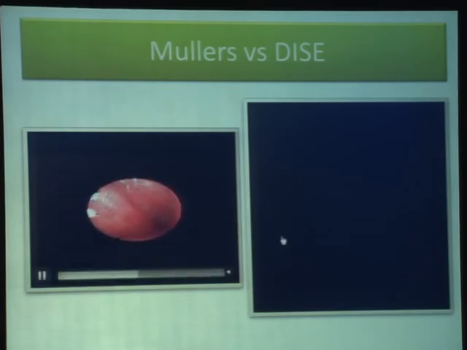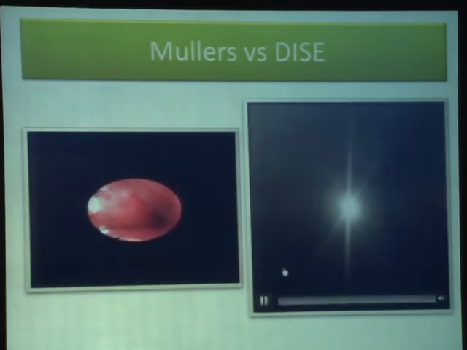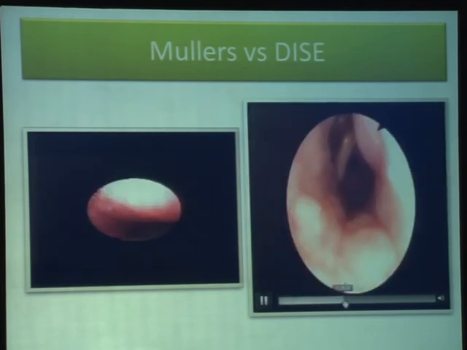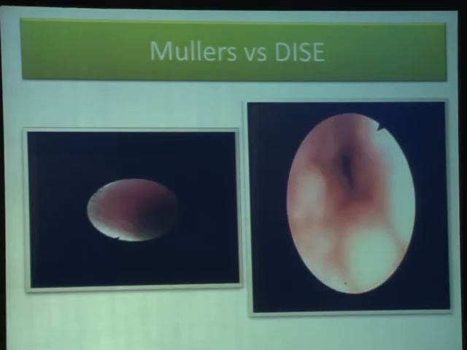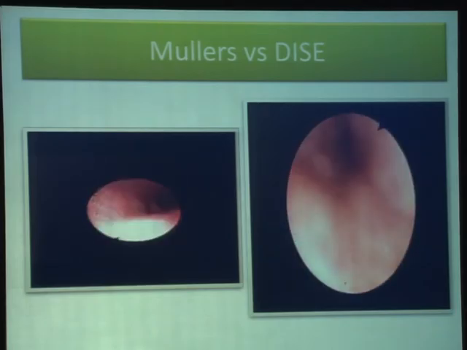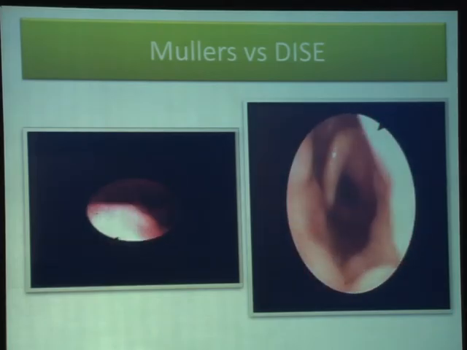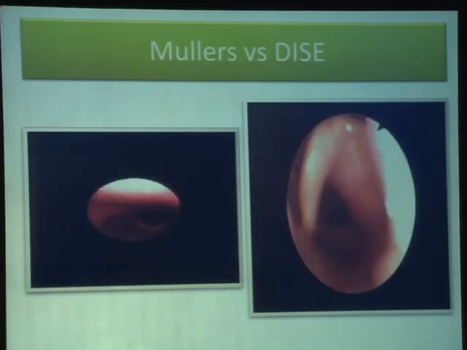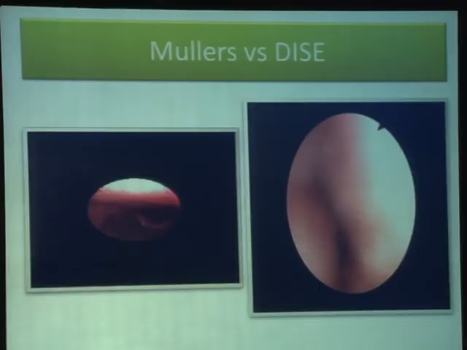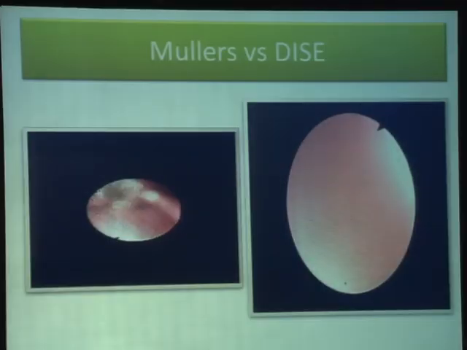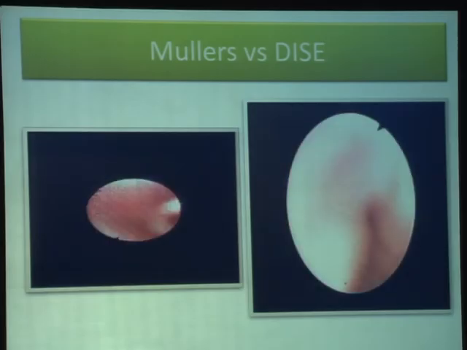But if you want to diagnose, here you're not able to see the epiglottis, what is happening to the epiglottis. This is the same patient's epiglottis. Okay, and see how it's getting compressed by the lateral walls. That is something I don't think a modified Muller's in an awake patient will be able to pick up.